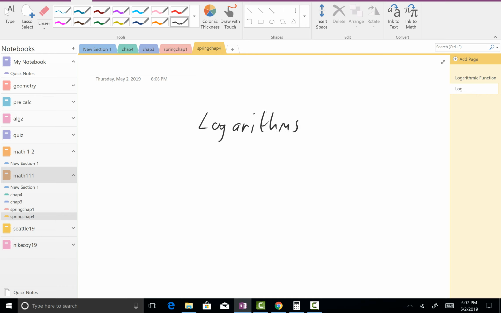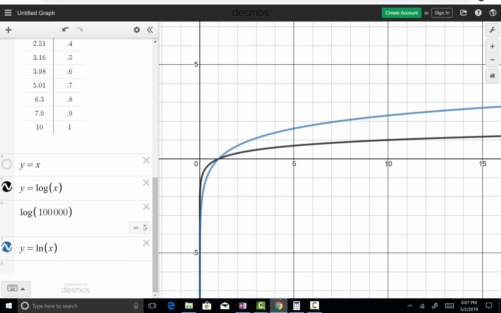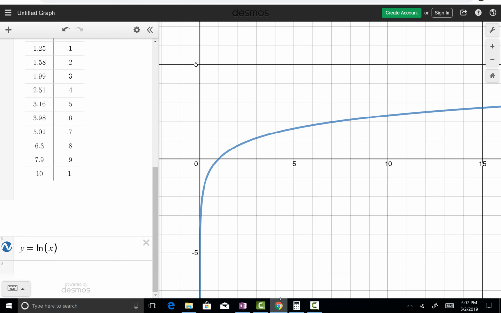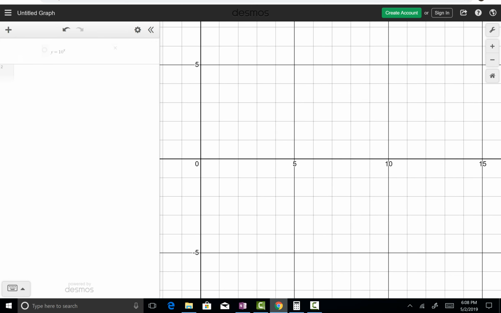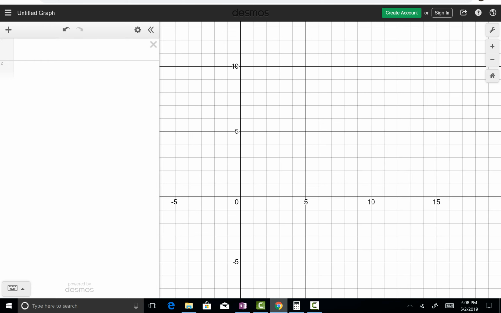Before we get too much into that, I'm going to go into Desmos. What you want to do here is pause this whenever you feel the need to. Don't just let it run. It's not going to be good if you don't pause it once in a while.